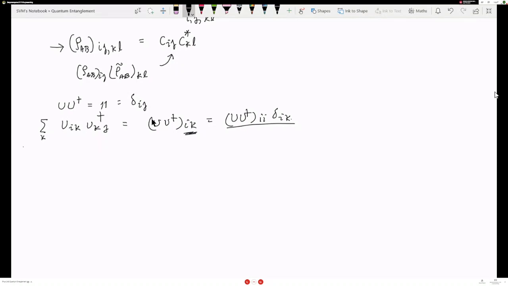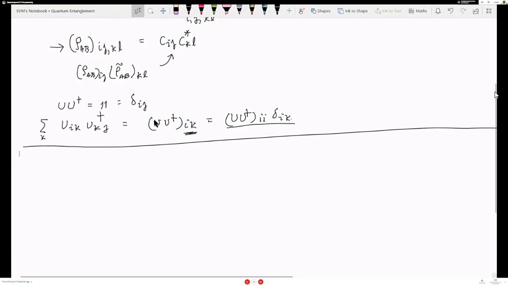But why are you writing it, sir? We can just write U dagger IK. Why put in a delta function and make it more complicated? Is there any particular reason for writing in this manner?